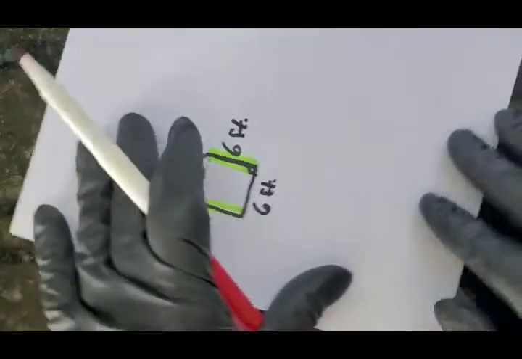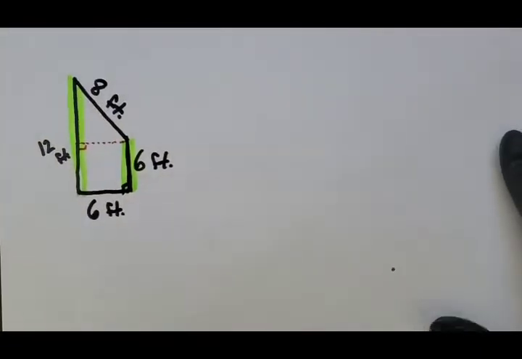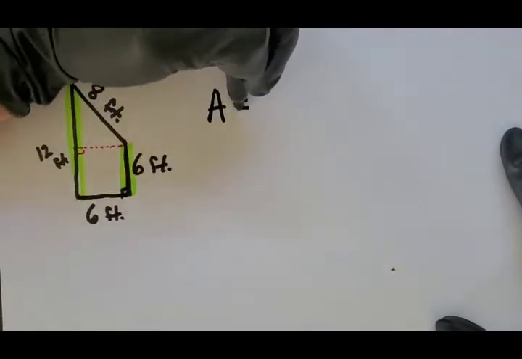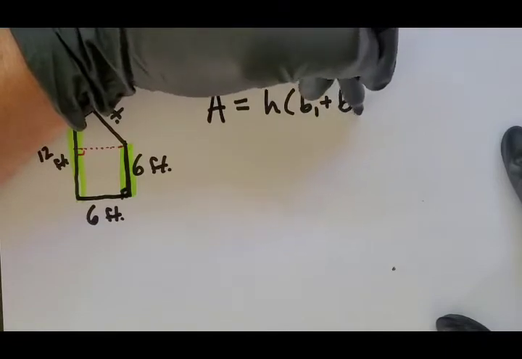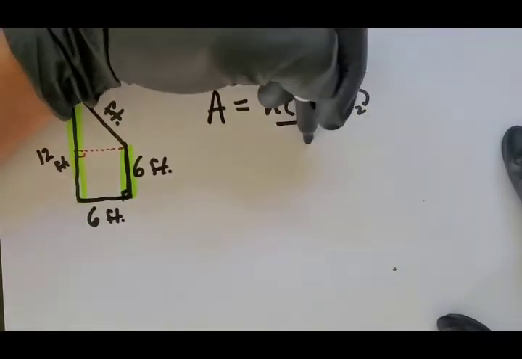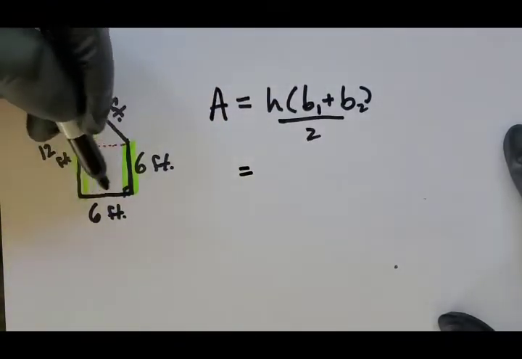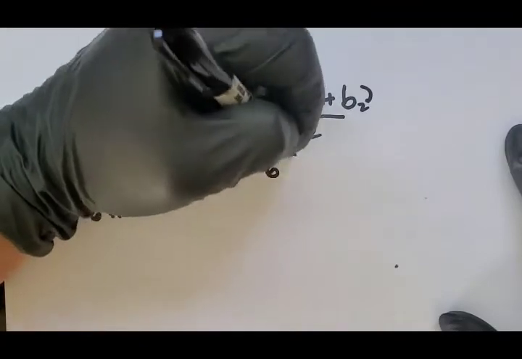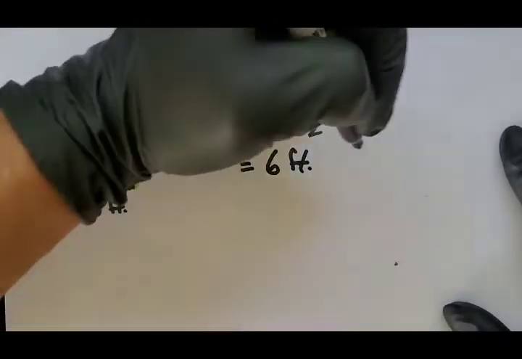So we have everything we need here to calculate the area of this trapezoid. So start by writing the formula: height times base plus the other base, all divided by 2. As I said, in this case, the height is the distance between the bases, so it's 6 feet in this case. It's a big trapezoid. Maybe it's a doghouse.